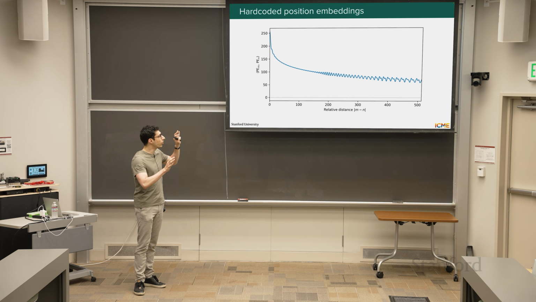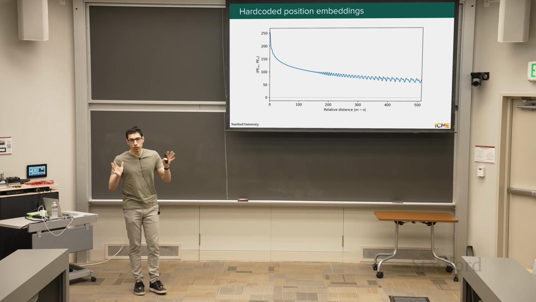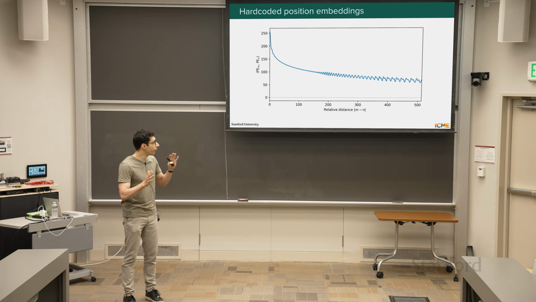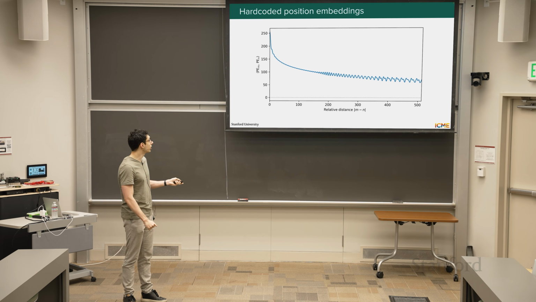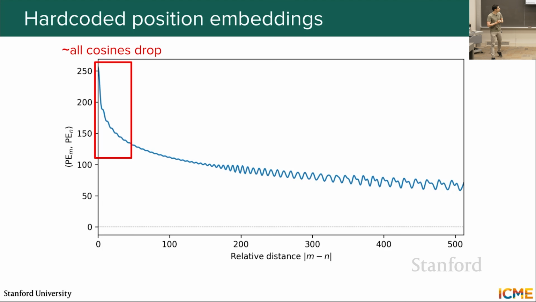And you can see multiple regions in this curve that you can interpret as to why you have such a phenomenon happening. So at the very beginning, you see a sudden drop. And this can be interpreted by the fact that all your cosines in your sum, whether high frequency or low frequency, start from an angle close to 0, and they all drop from this cosine of 0 equals 1.